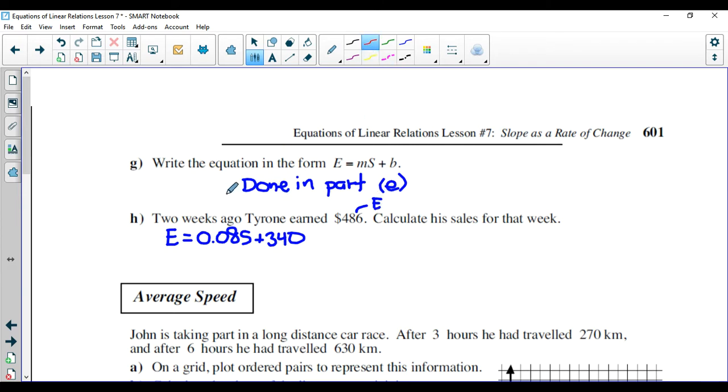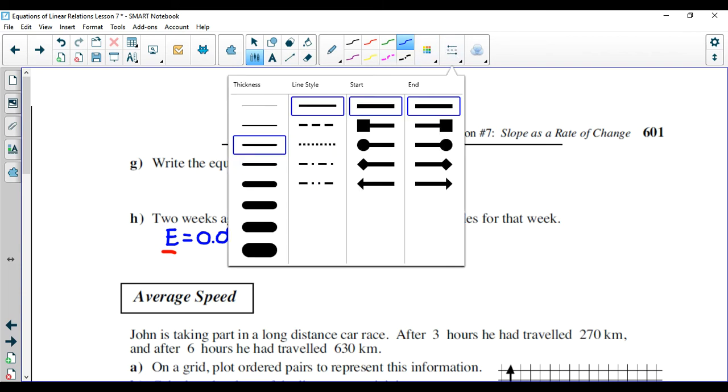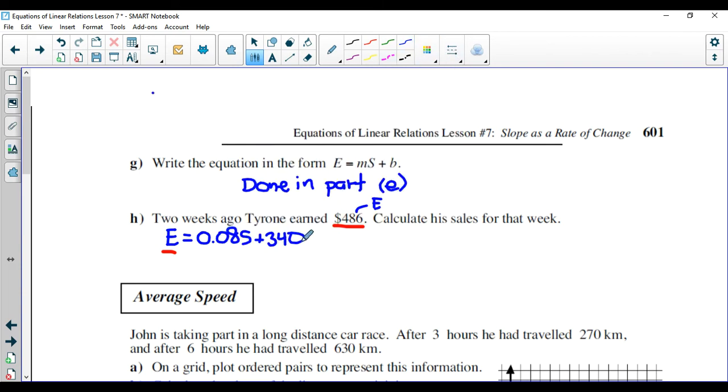Now he earned $486. So in the place of E, I'm going to plug in the amount of earnings he made, and then we're going to isolate the equation for S and figure out what the sales were. Now that we have an equation, we can use it to interpolate or extrapolate, which is exactly what we're going to do in this problem.